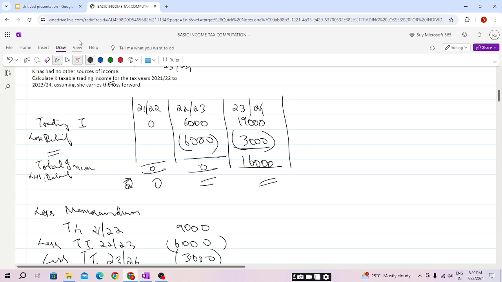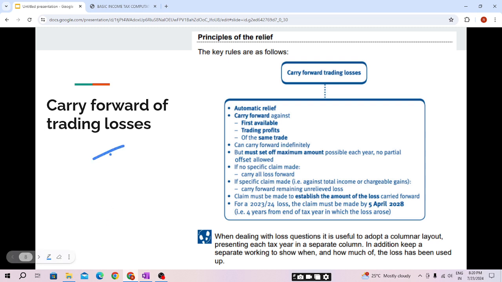So the main points under the carry forward loss relief: it is an automatic relief, carried forward against the first available trading profit of the same trade. That means whenever we carry forward a loss, we can only set off against the same trade, that is the trading profit, and the carry forward can be done for an indefinite period of time, but we can't choose the amount to set off.